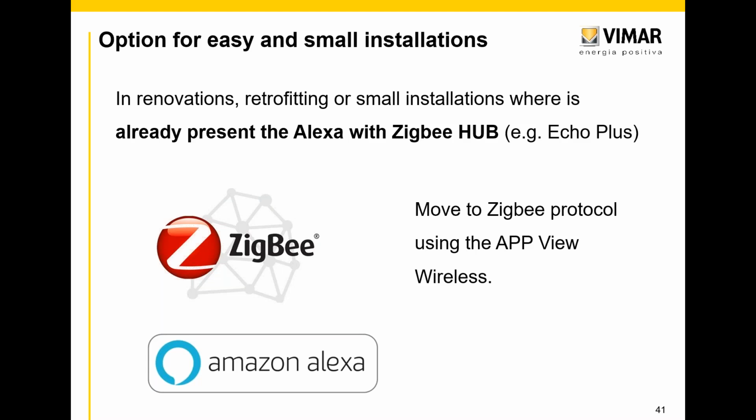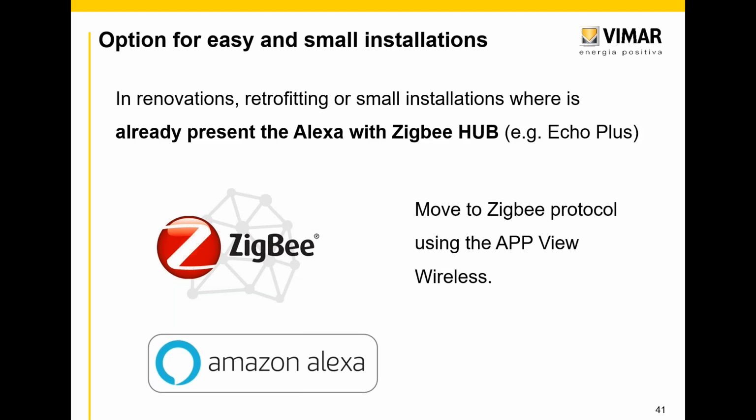Sometimes in a renovation, especially in a renovation, the customer already has Alexa with the Zigbee hub. With the Zigbee hub built in, for instance, the Eco Plus, it is possible to move the View wireless devices to Zigbee protocol. Why?